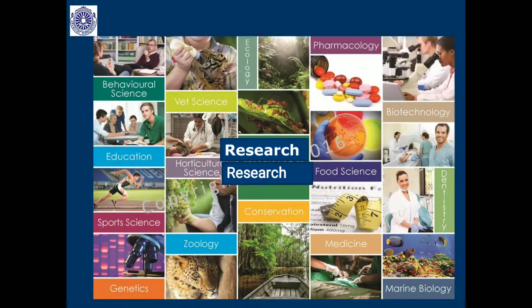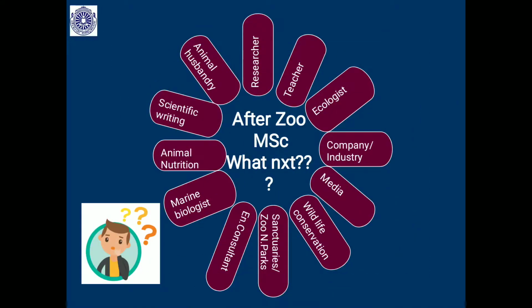After that, there are so many areas in biological science where you can do research, and there are many research fellowships, and you develop a passion towards research. After MSc, you may also take up a career in many fields.